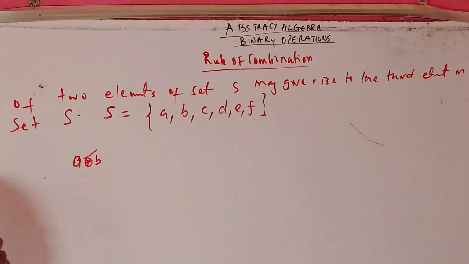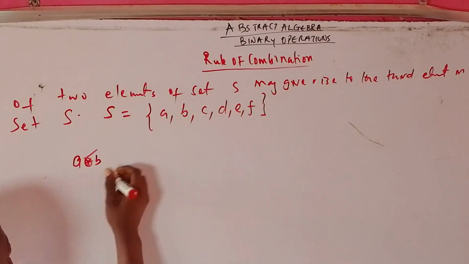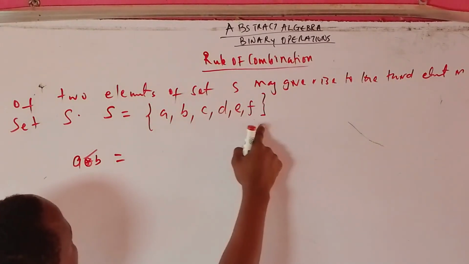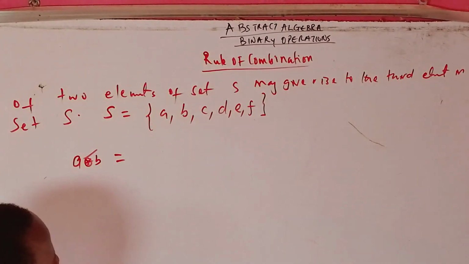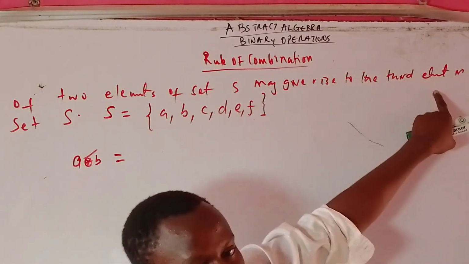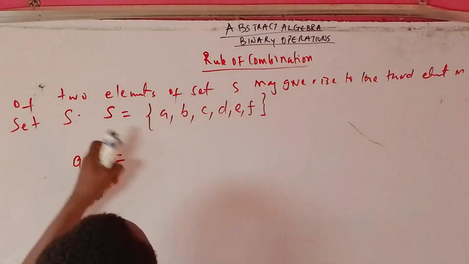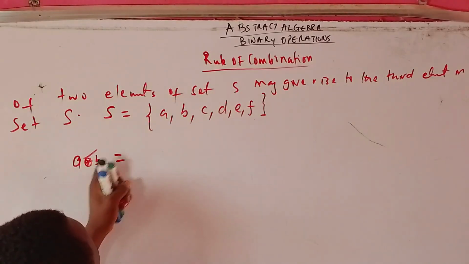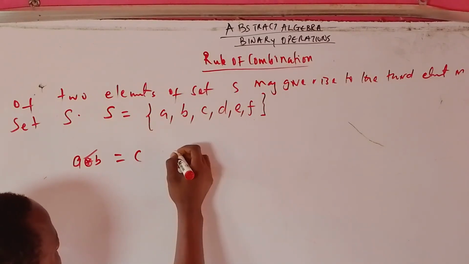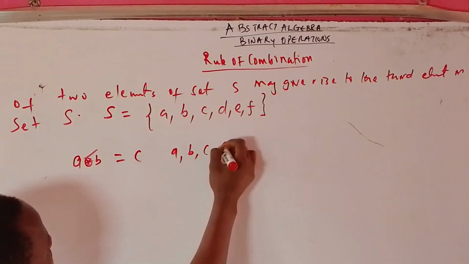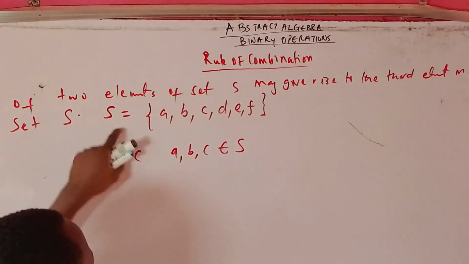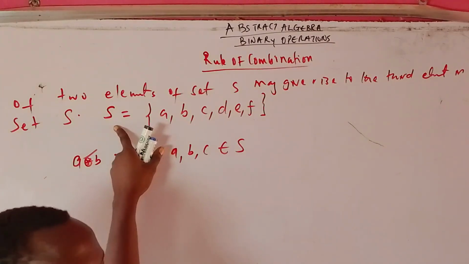So A asterisk B, the result must be a member of S, that is the third element, which is also in set S. Let's say A asterisk B is equal to C. That is, A, B, C are all elements of set S.